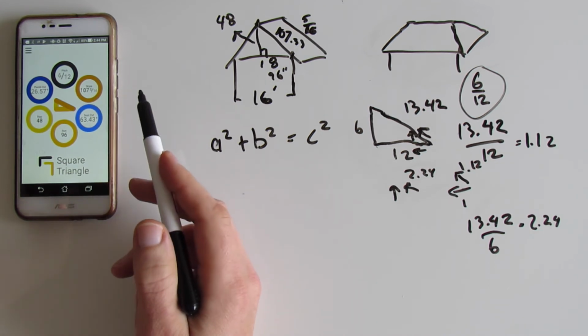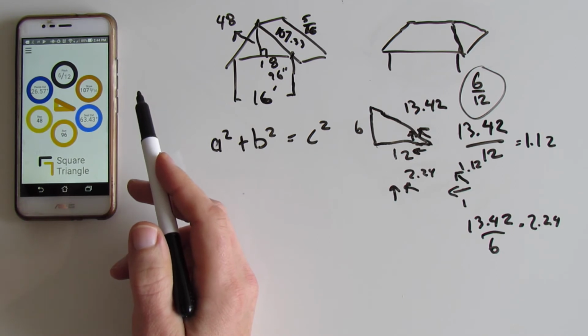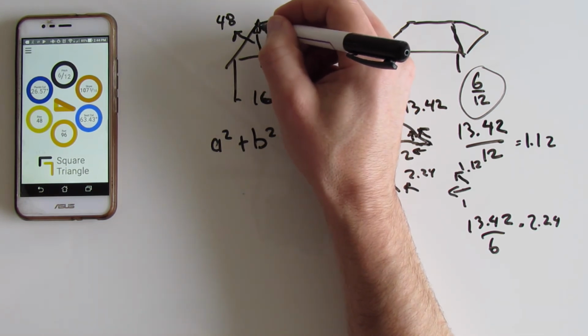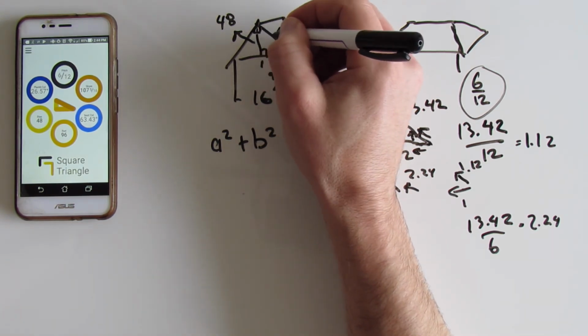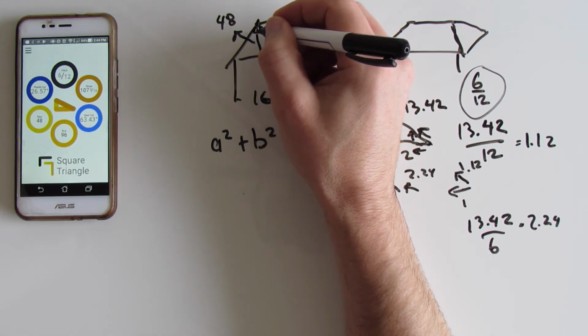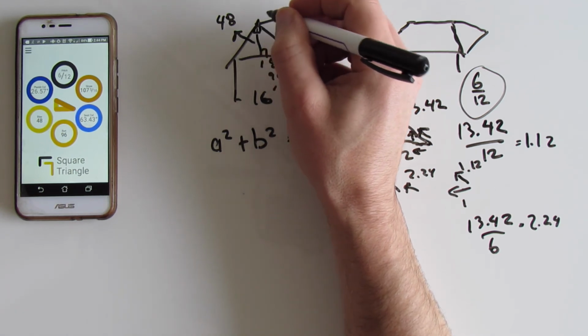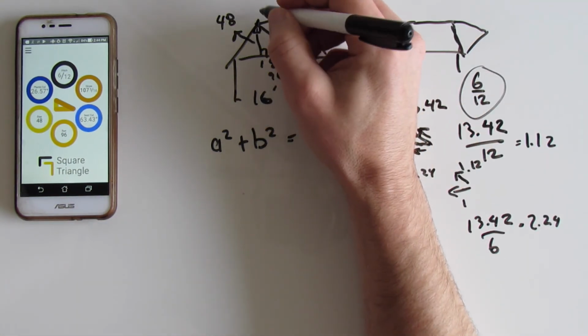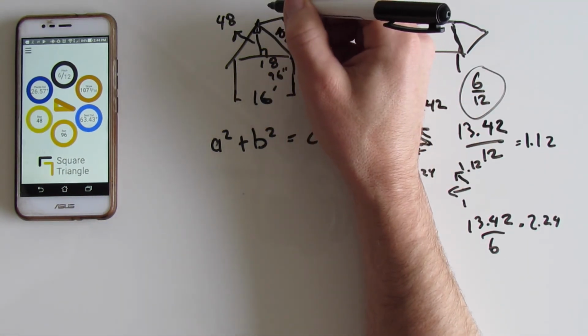So this also makes it really easy to factor in other stuff. We probably have a ridge beam here, because it doesn't make any sense to be building a rafter right to the peak. You'd have some sort of a beam that it would be sitting on. So let's say that this is a 2-ply 2x12 beam.